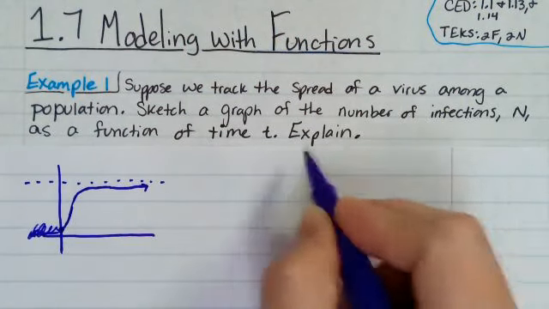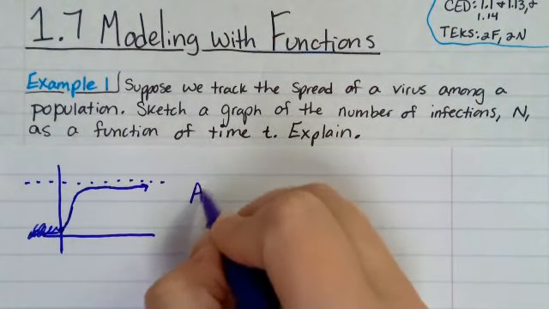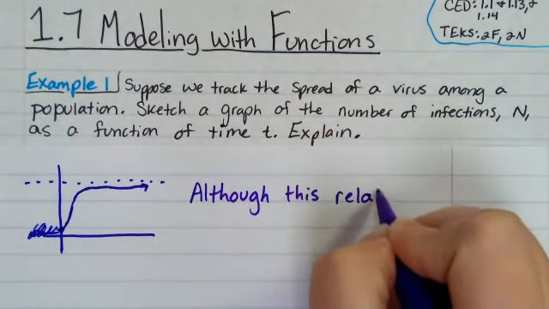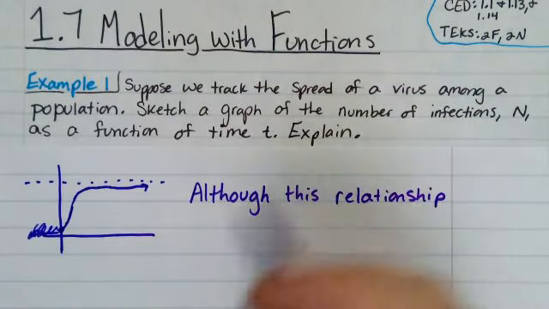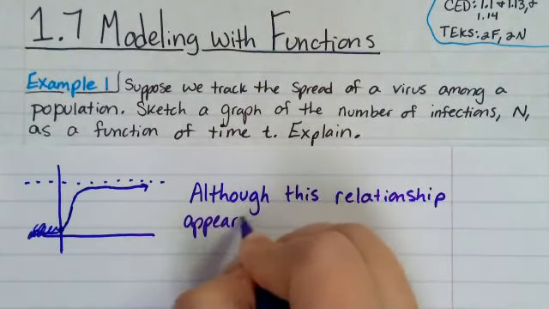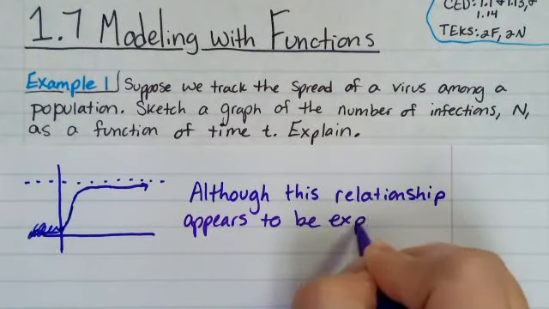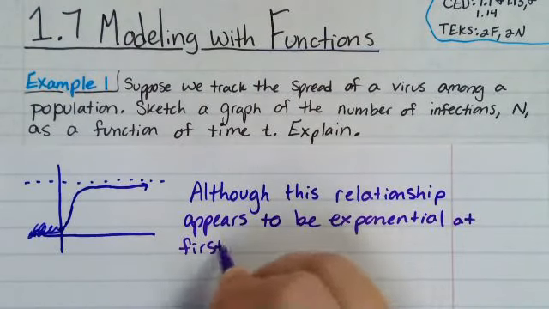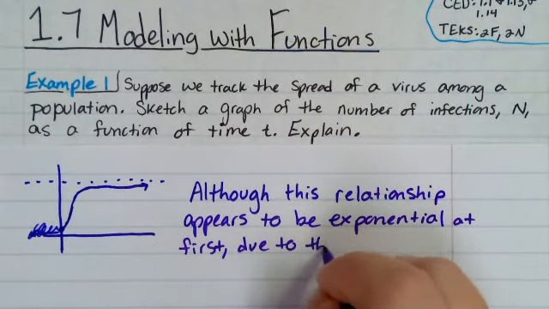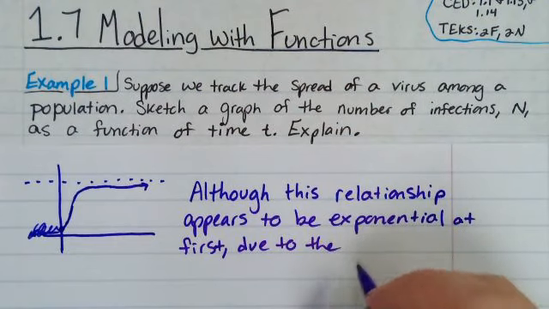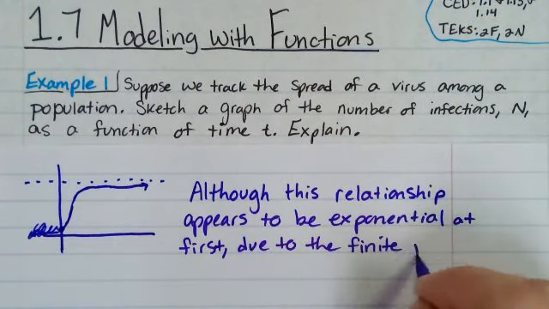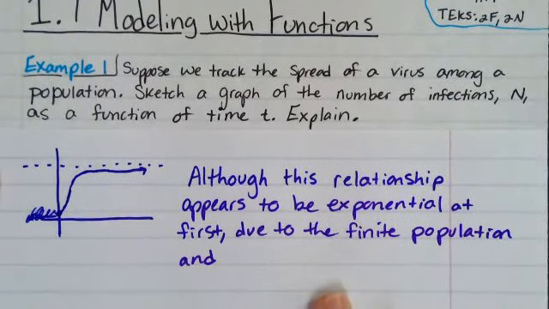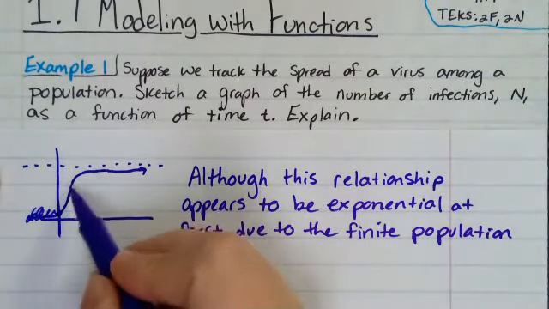So what we're going to do here is explain because that's what they want. So we're going to say, although this relationship appears to be exponential at first, due to the finite population and over time, the growth is going to slow down, which is also kind of showing in this function.